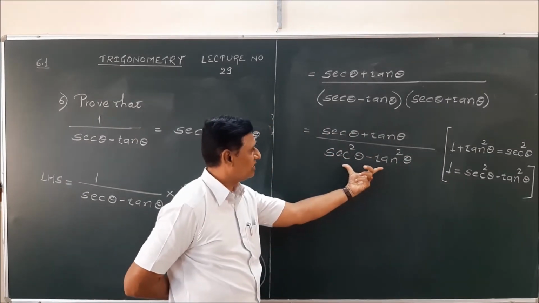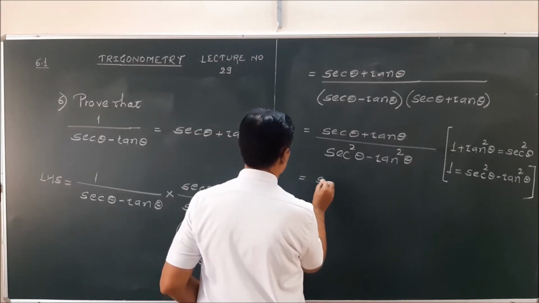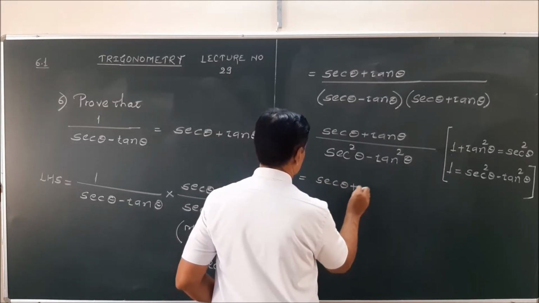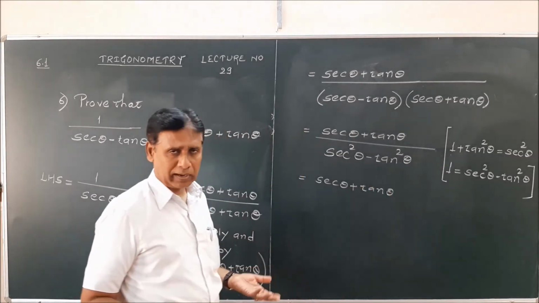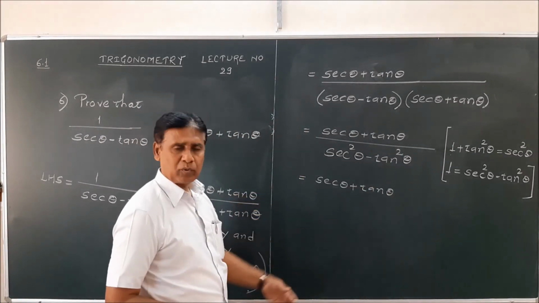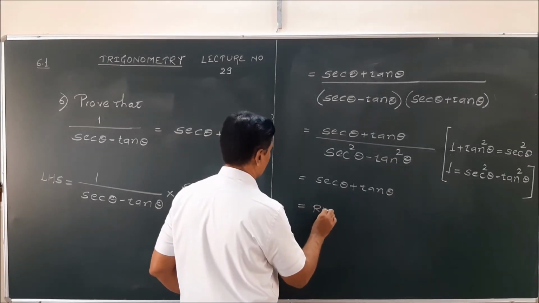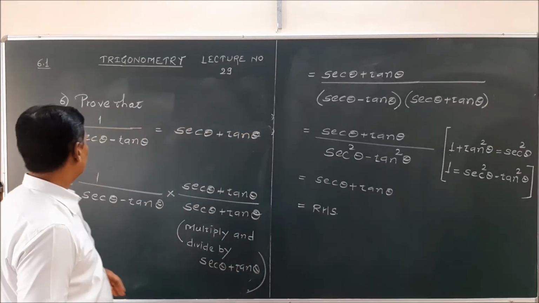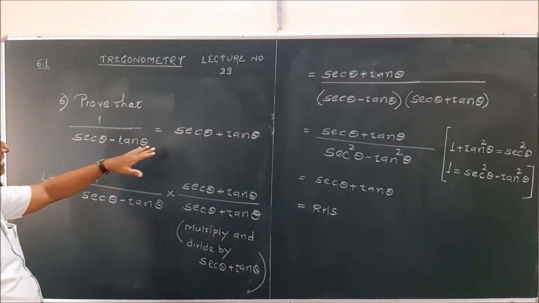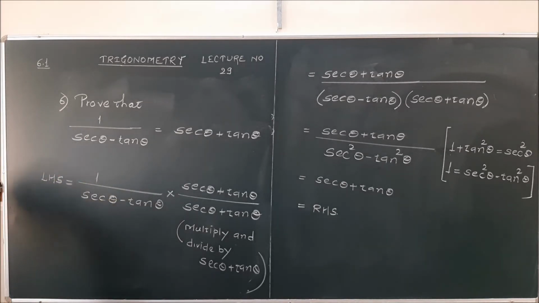Sec square theta minus tan square theta is 1. So we'll get here sec theta plus tan theta. No need of writing 1 because anything upon 1 is 1. That is equal to RHS. We proved 1 upon sec theta minus tan theta is sec theta plus tan theta.